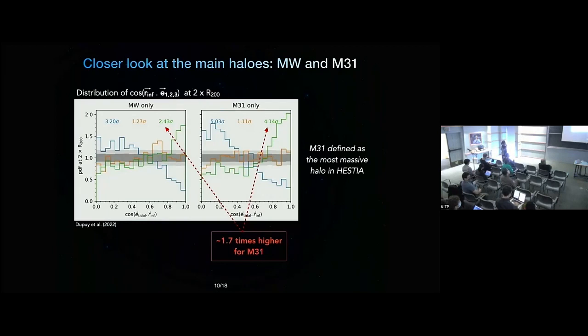The HESTIA simulations are constrained with the CosmicFlows-2 dataset, so they are supposed to look like our universe. At least this is the case for the three high resolution simulations.